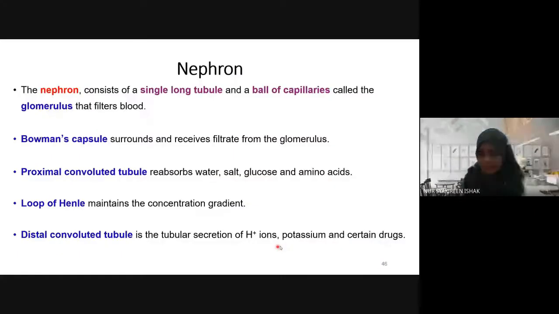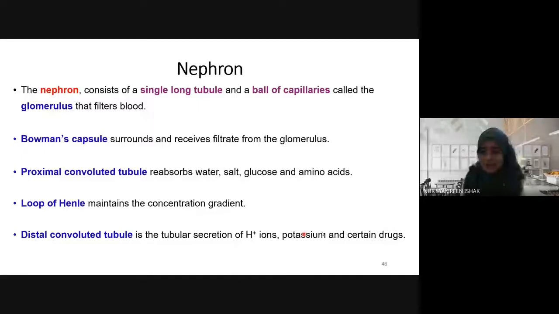Whatever substance, kan, hydrogen ion ke, potassium or drugs or any other substance that needs to be removed from your body will end up in the filtrate through the process of secretion. Ingat, reabsorption daripada filtrate pergi masuk balik dalam darah, secretion daripada darah masuk ke dalam filtrate untuk jadi urine later. So these are the two terms that you have to really know where to use: secretion and reabsorption.